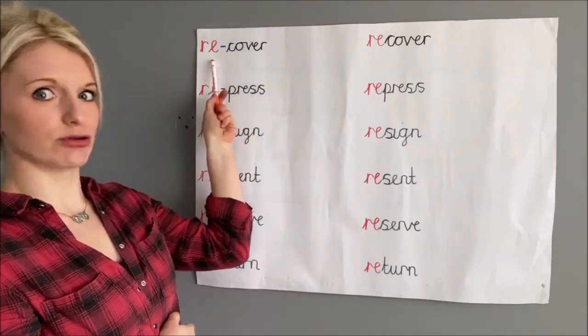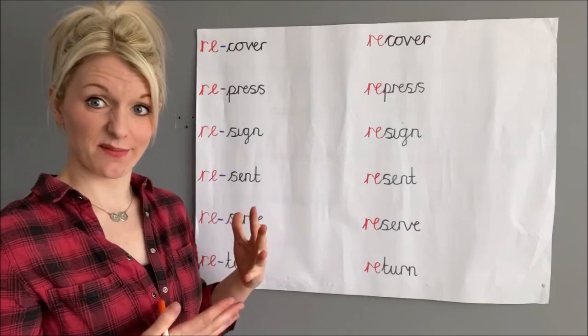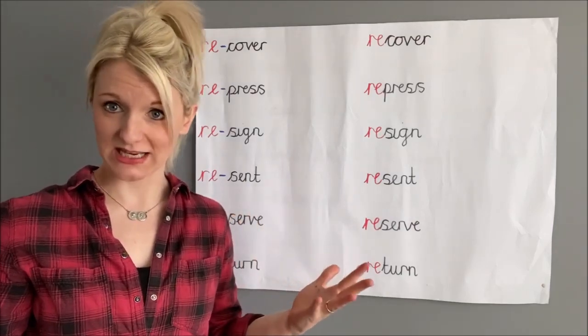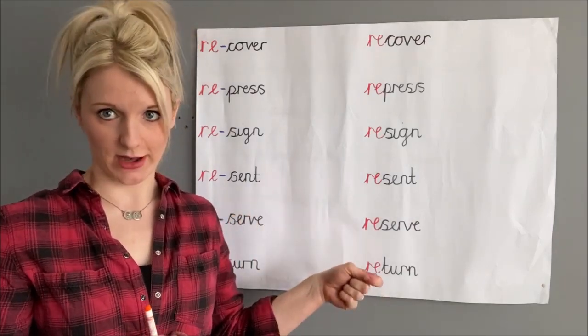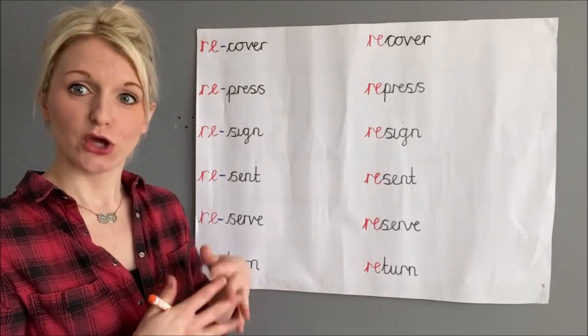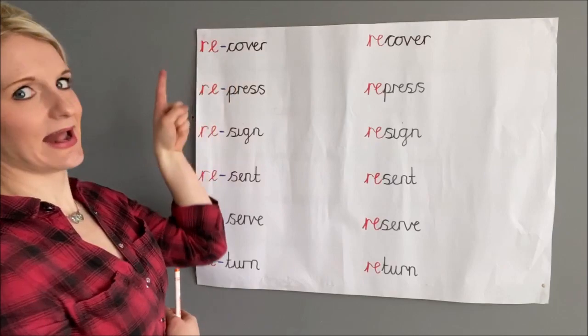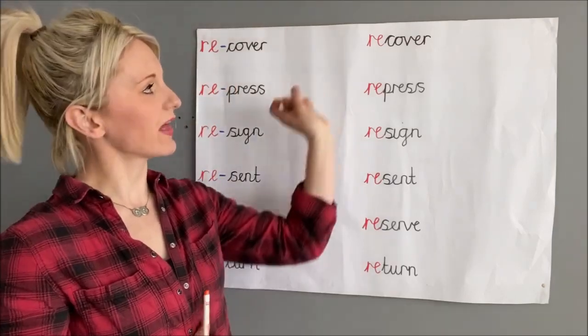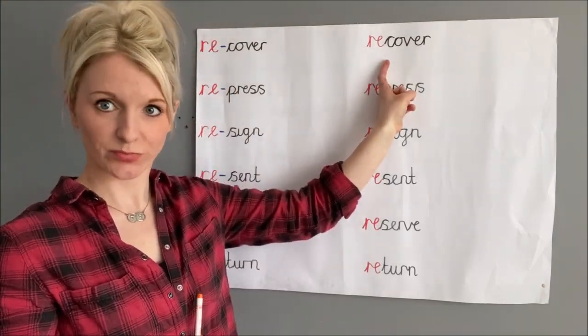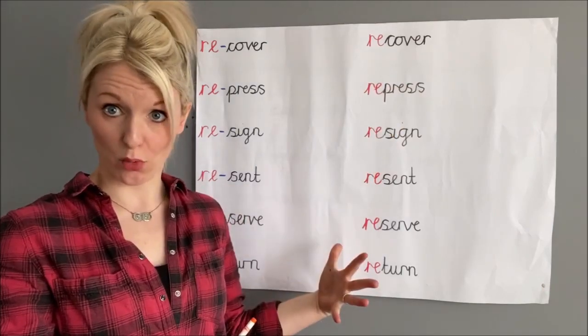So here we've got re-cover, meaning cover something again. So once you've finished eating that, please re-cover it. Okay, so that would be using it to mean cover again. So we need to use the hyphen to make that clear. If we didn't, people might think that we mean recover, meaning get back to normal.